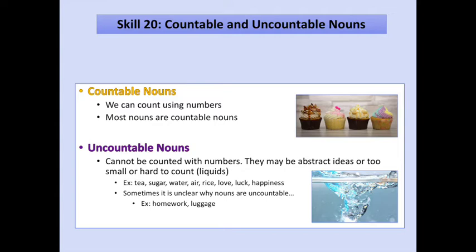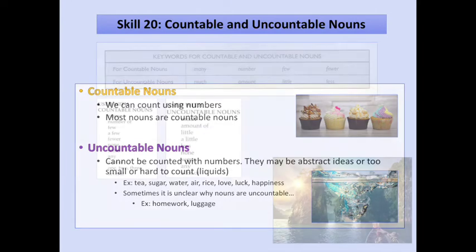I cannot say that I have 1 happiness or 2 happinesses because it is uncountable. And sometimes it is unclear why nouns are uncountable, like homework or luggage. And we just have to remember these irregular nouns.